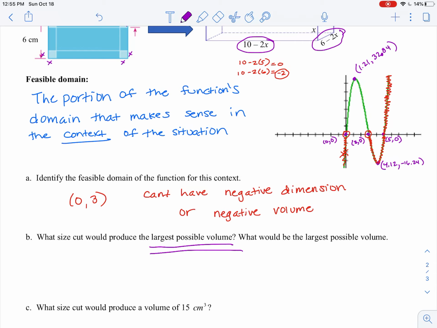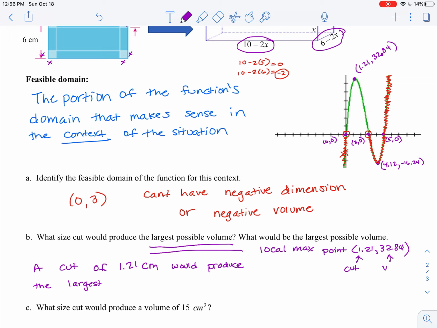And if I were to interpret that local max point, which was 1.21, 32.84, right? The x value is the size of the cut. The y value is the volume. So that tells us that a cut of 1.21 centimeters would produce the largest volume.